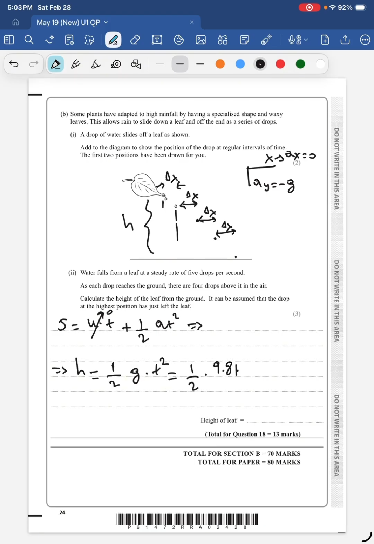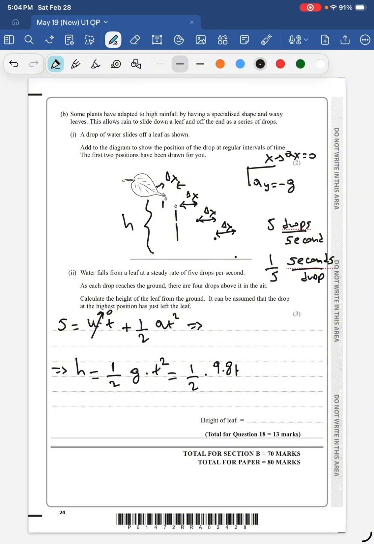Okay, 5 drops per second, right? So if we invert that, we have 1/5 seconds per drop. So the time for one drop to fall is 1/5, right?